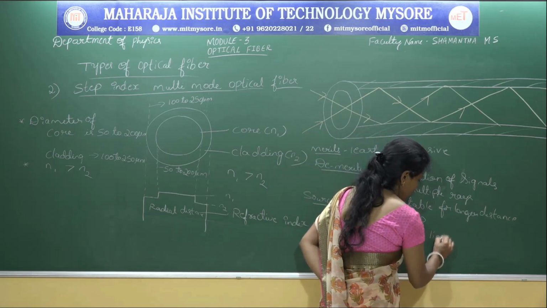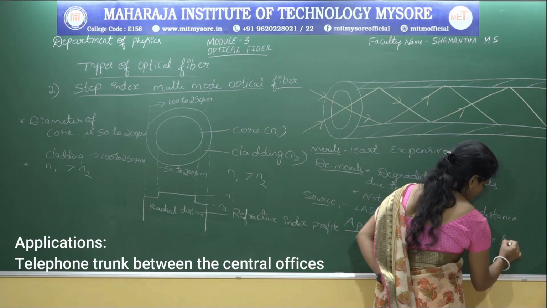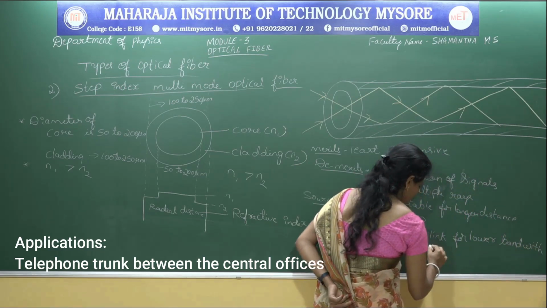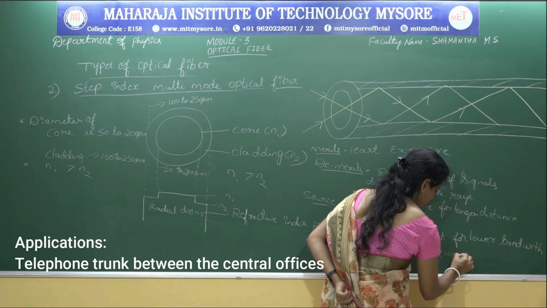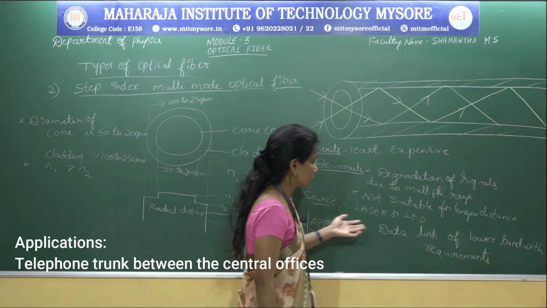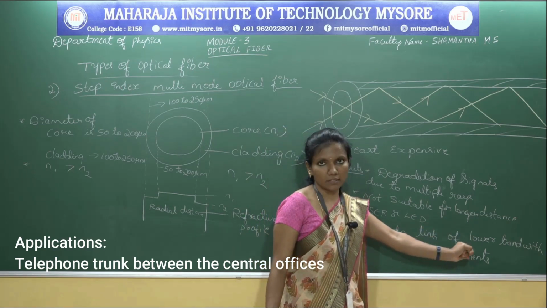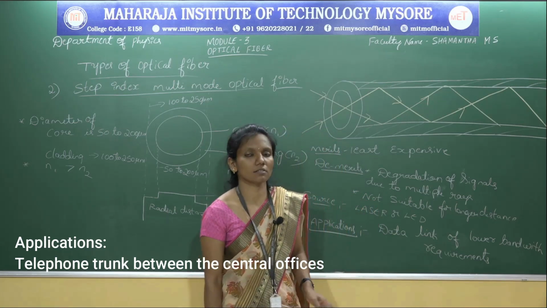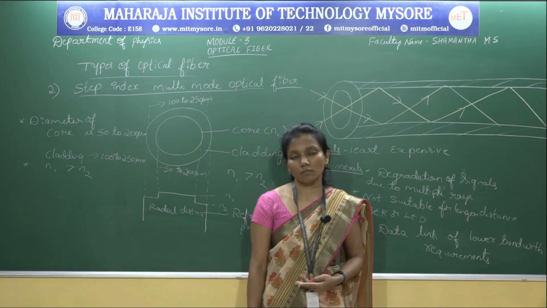It transfers the information for lower bandwidth requirements, where it is required only for a shorter distance. It will transfer the signals. So that is the application of this multimode optical fiber.